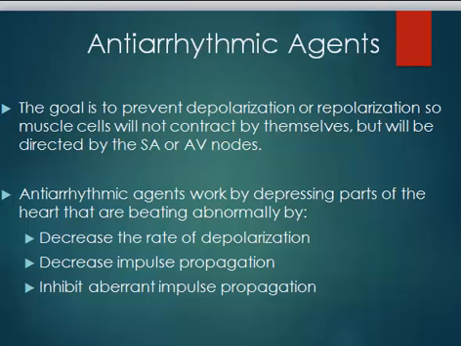Now, we need that ventricle to get a good squeeze, a good contraction, to get the blood out everywhere. When ventricular fibrillation is happening, the heart looks like, I don't know, a sack of snakes. There's no good coordinated contraction. It's just all over the place. That is a life-threatening emergency.